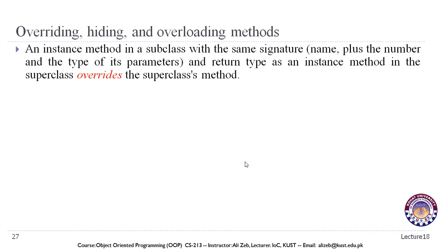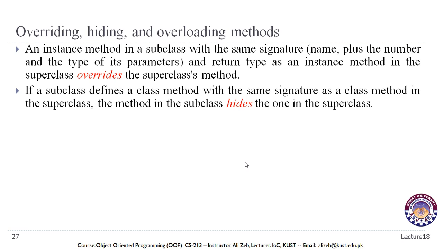We have seen that whenever we override a method, there is a method in the superclass with exactly the same signature implemented in the subclass, and that is method overriding. If a subclass defines a class method with the same signature as a class method in the superclass, the method in the subclass hides the one in the superclass.